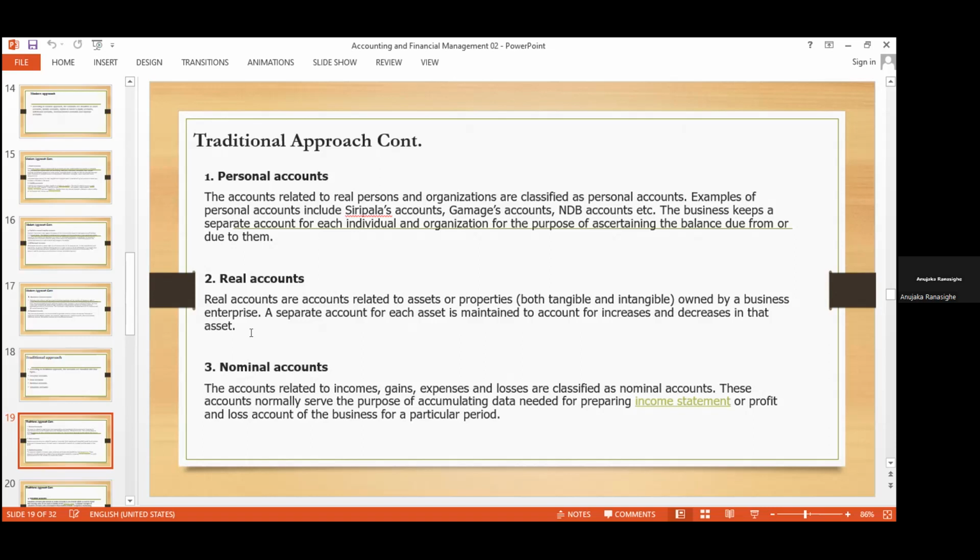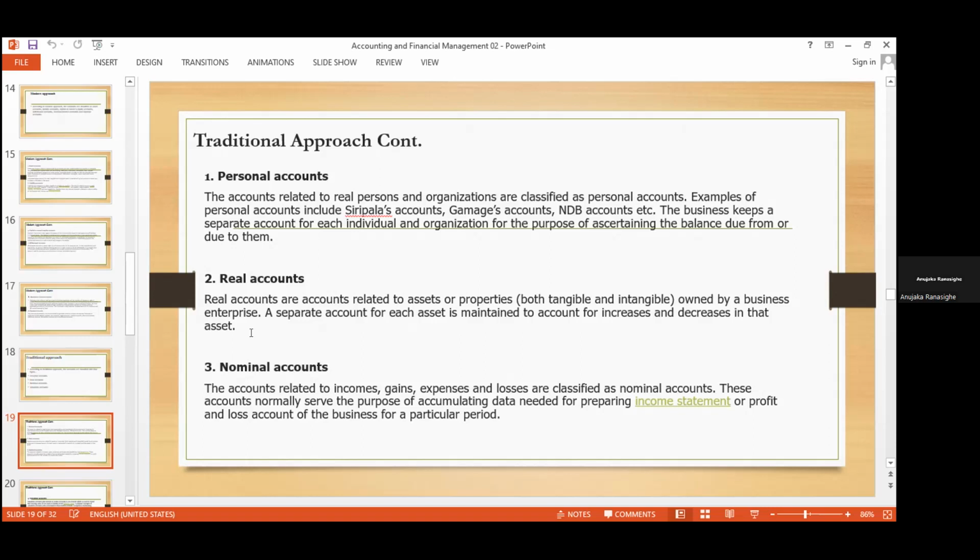Please don't jump to a conclusion. Please ask me. Real accounts are accounts related to assets or properties, both tangible and intangible, owned by a business enterprise. A separate account for each asset is maintained to account for increases and decreases in the assets.